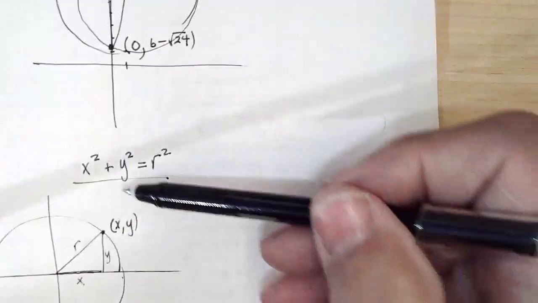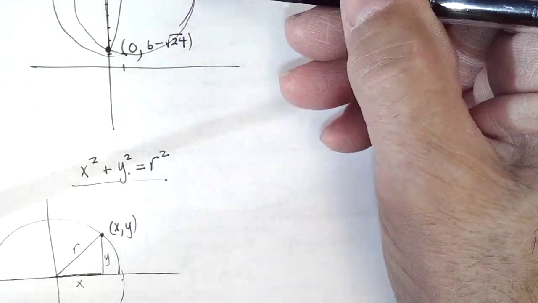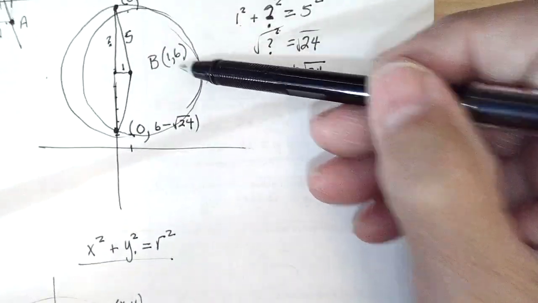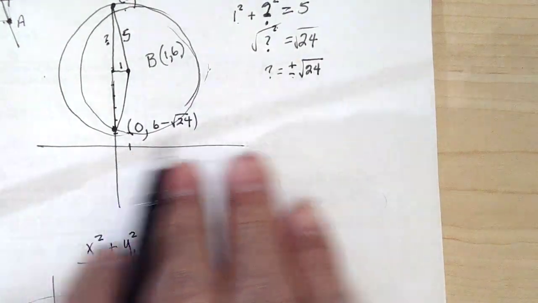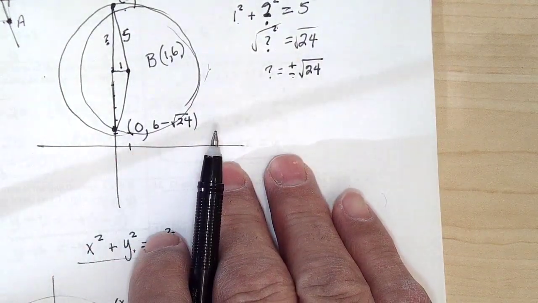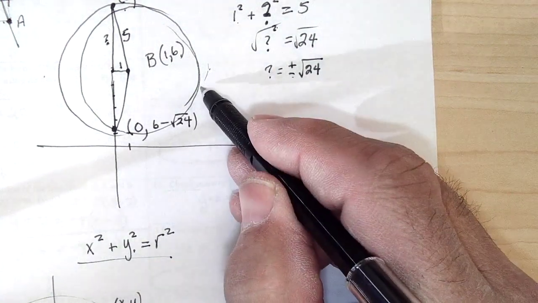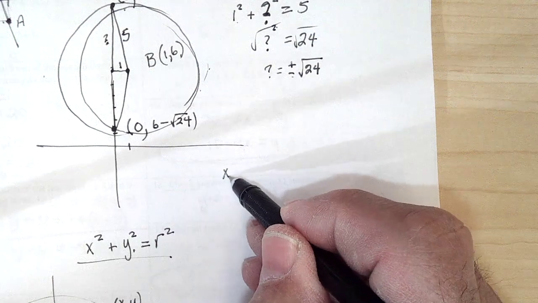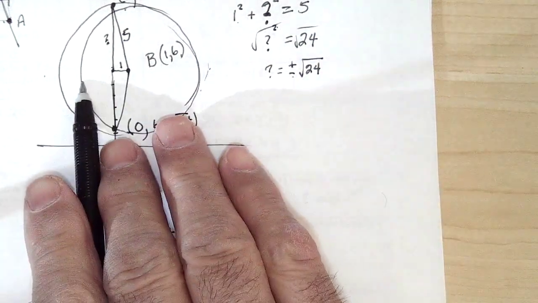Now, if I move this circle so its center is at 1, 6, we have to remember, how do you move something? Well, if I want to move it plus 1 in the x, you subtract 1 from the x. So the equation of this circle would be x minus 1 squared to move it plus 1.